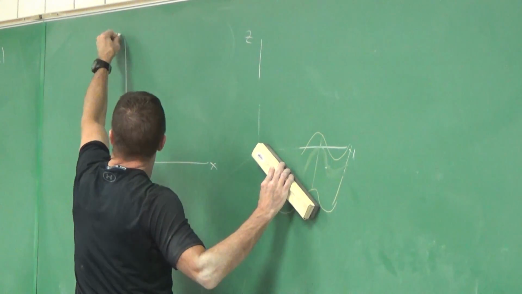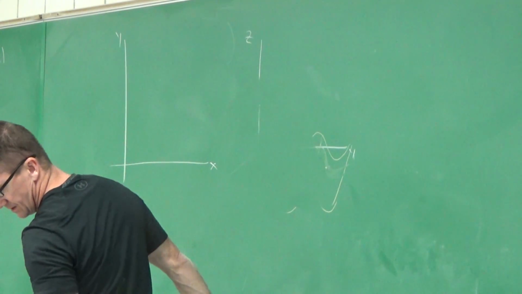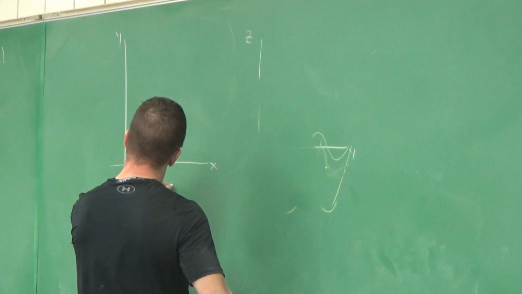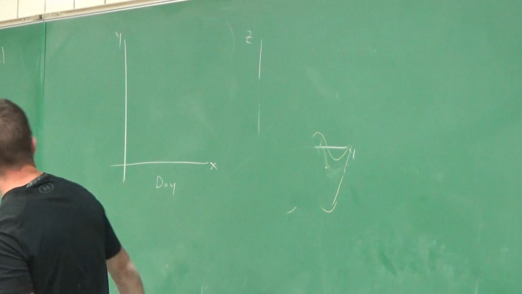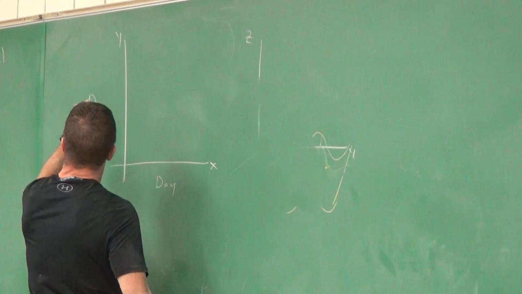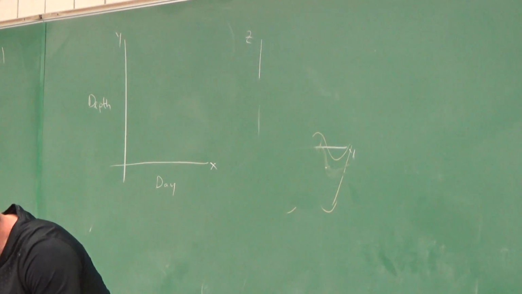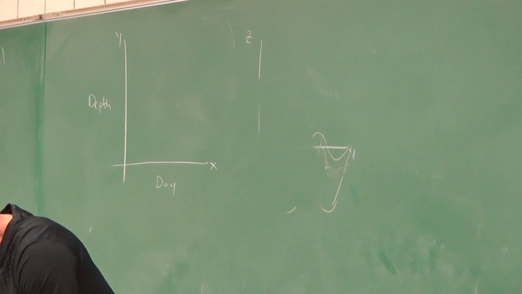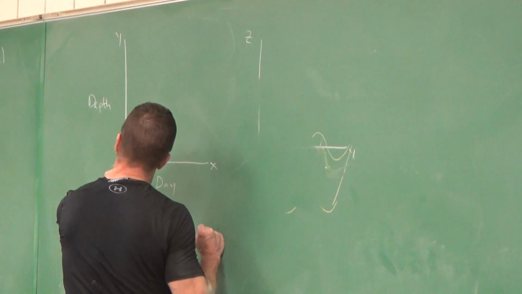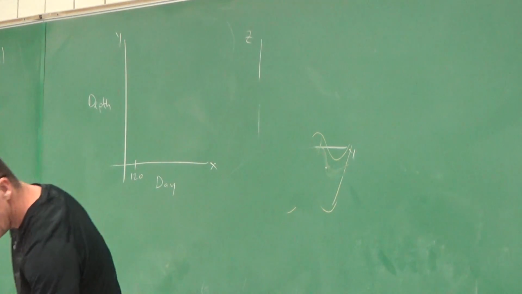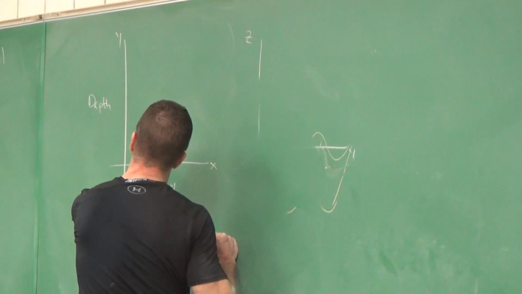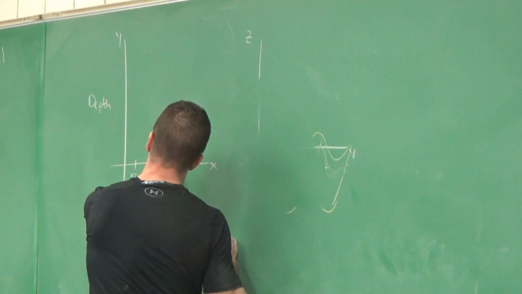X, Y, this is day, this is depth. And they ask, can you estimate the temperature on day 160? I notice on the sheet you've got a 120 here. Then you have a 160. There's a 200.